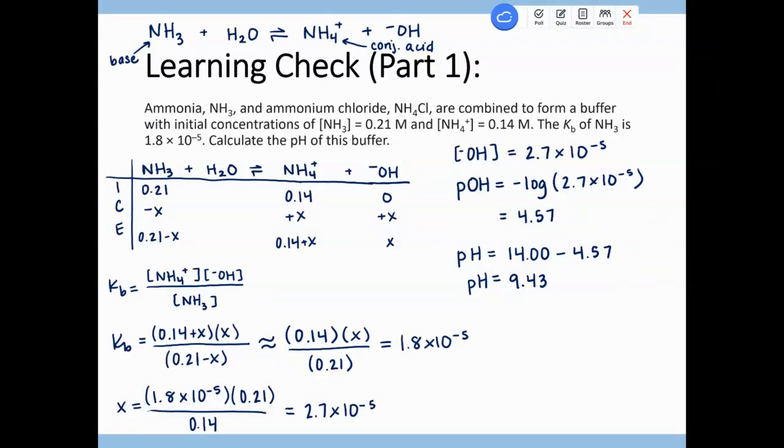So you take one of the two things added, put it in a reaction equation with water, and with water it should form the other species that is added. So we have NH3 and water forms NH4 plus, because NH3 is a weak base.